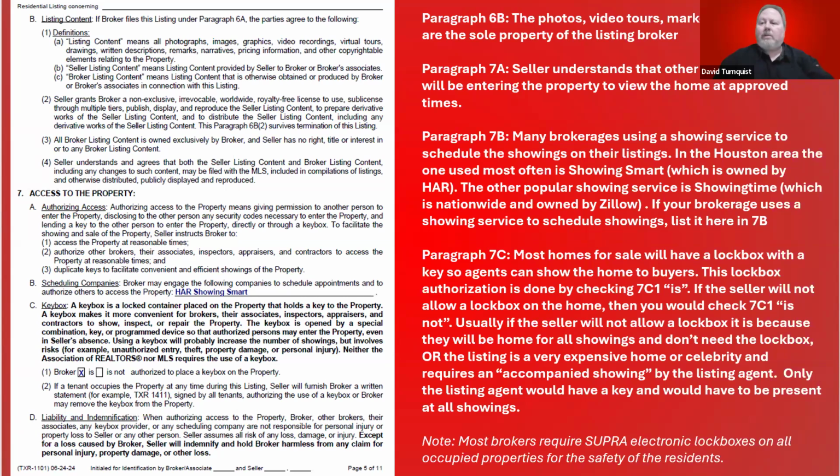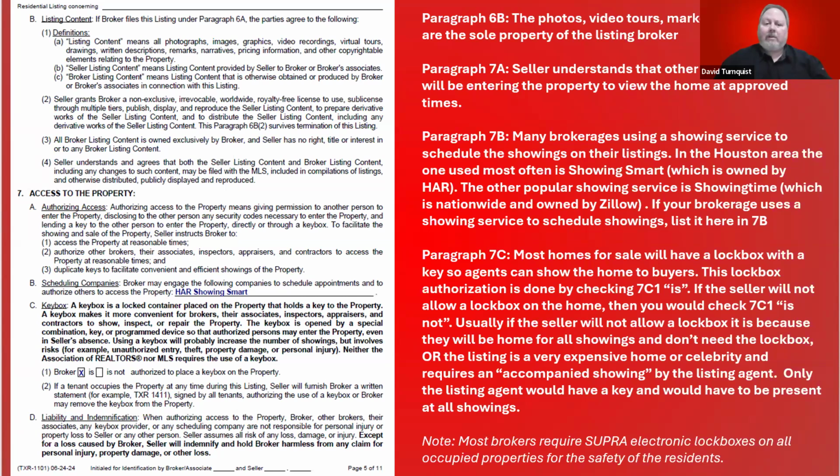But if you're using Showing Time or Showing Smart or some other showing service, you need to indicate that here on the listing agreement so that your seller understands, hey, I'm going to be using a showing service. People aren't going to be calling me to schedule an appointment to see your house. The showing service will contact you and let you know who's showing your house and when.